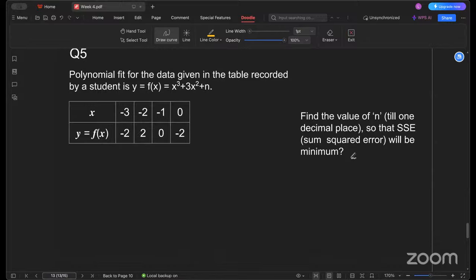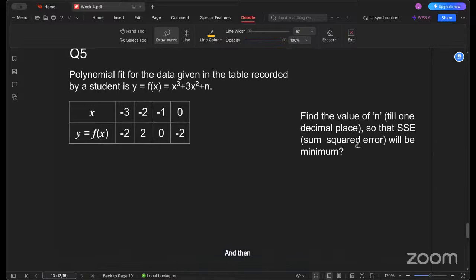You take x, y, and then y minus the predicted value, whole square. The actual y value minus the predicted value, the whole square.